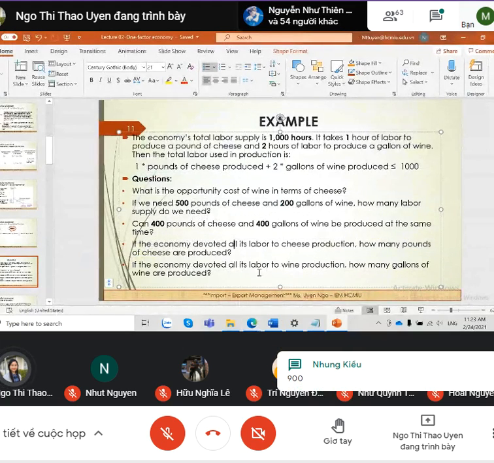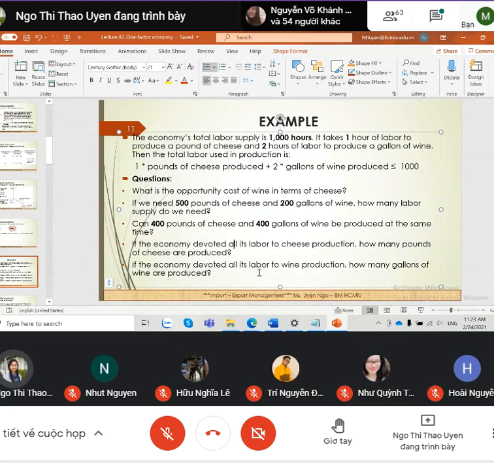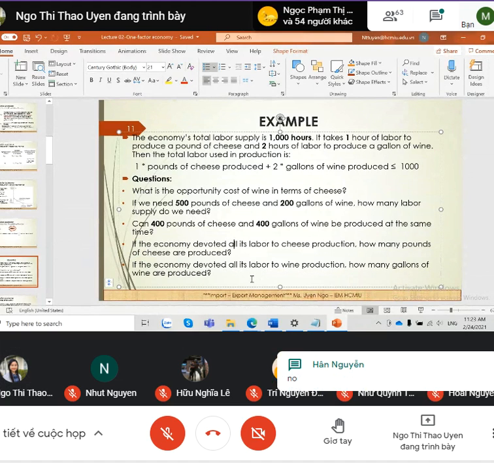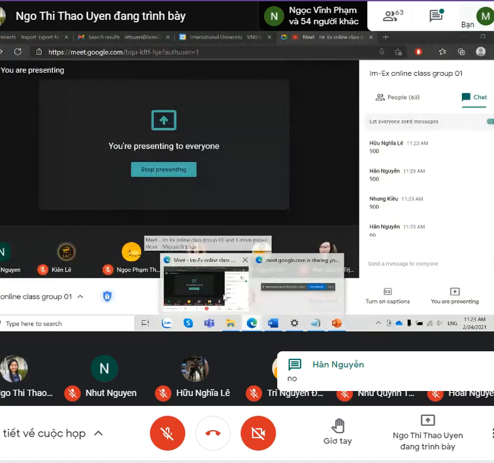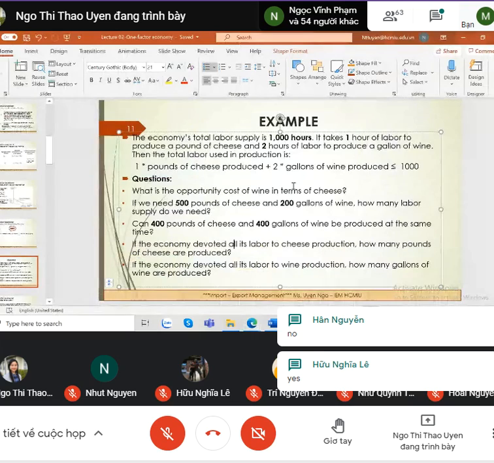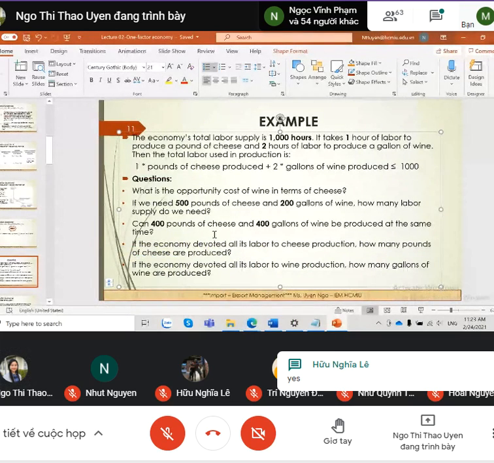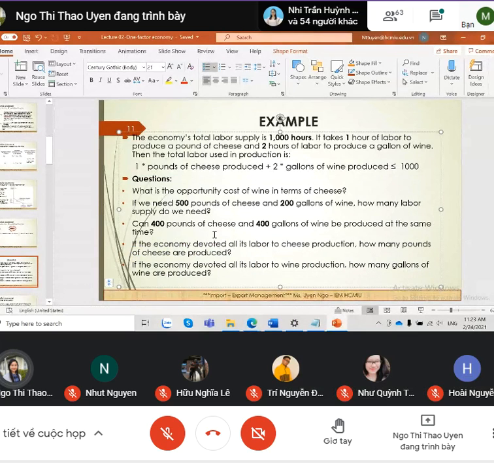Can we produce 400 pounds of cheese and 400 gallons of wine at the same time? No. The calculations here are super easy, just for primary students.